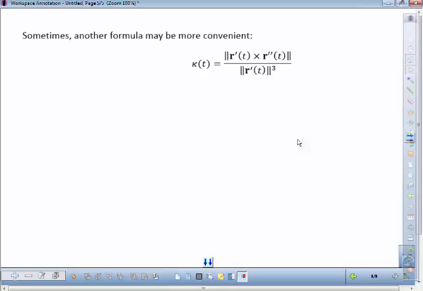Let's see if we can make one up. What would be a good one? Oh, the really popular one that they do all the time is the parabola. Find the curvature of the parabola.